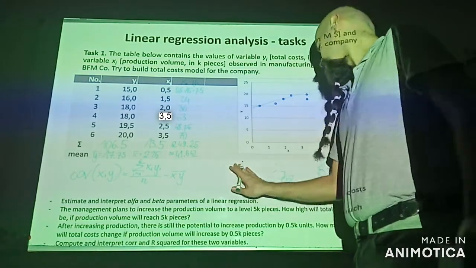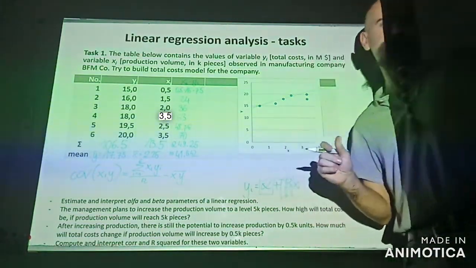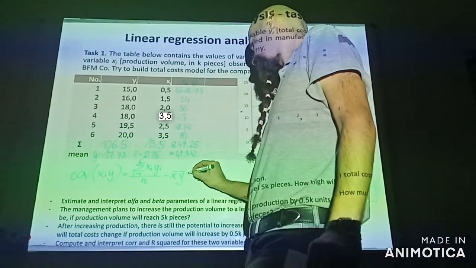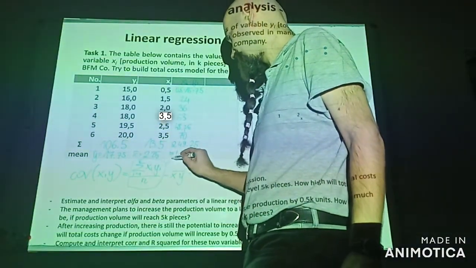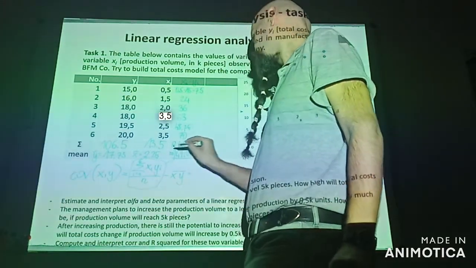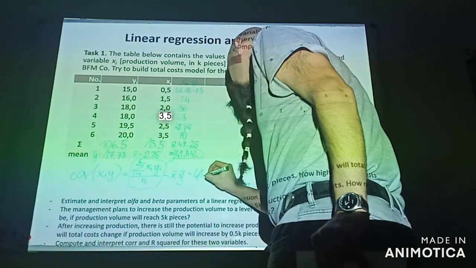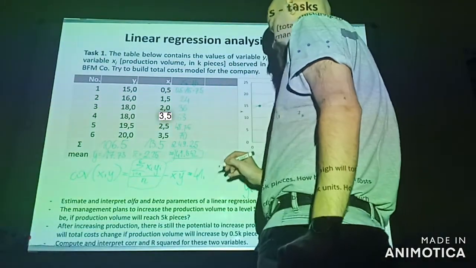Okay, now we have all the information that is needed to compute covariance. Here we have the mean product between x and y values. 41 point, of course, around.